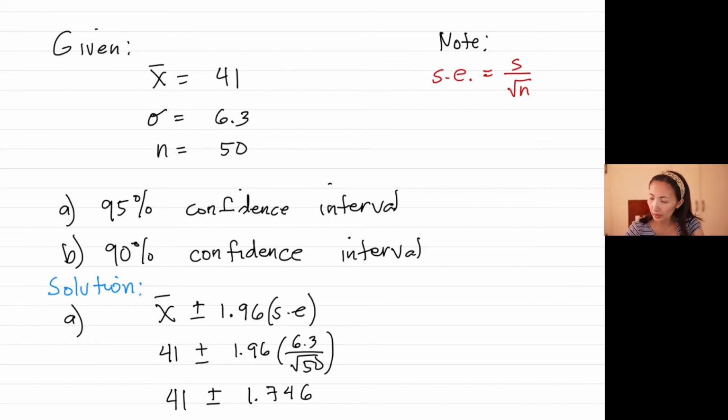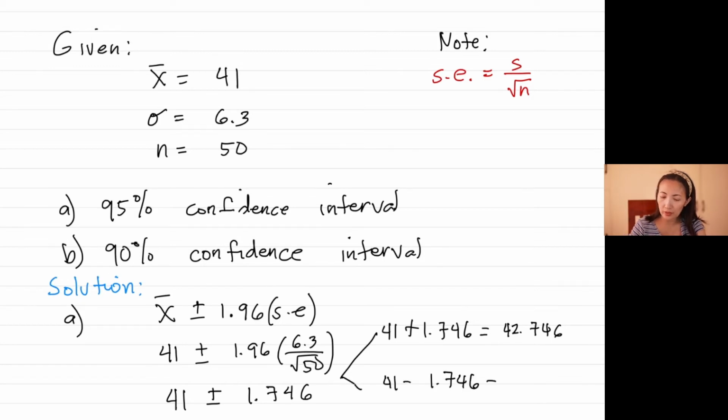So this now will give us the two limits. 41 plus 1.746 is 42.746, whereas the lower limit will be 41 minus 1.746, which is 39.254. Okay, so this is for letter A.